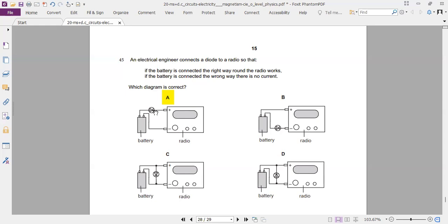So you should connect a diode in the direction of the current. This is where the diode is not allowing anything to go. This is where the diode is put the wrong way around. This is where the diode is not allowing any current. So this is the only choice. Diode connected on the wire connecting the radio to the terminal of the battery.